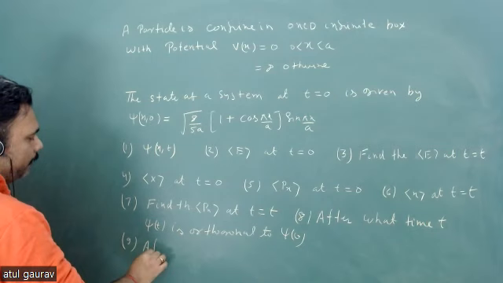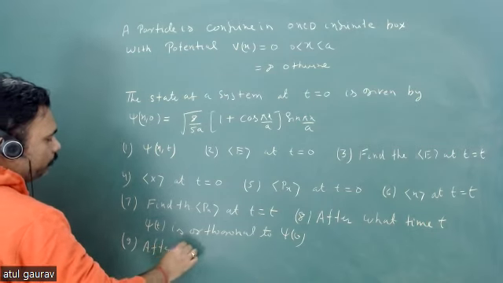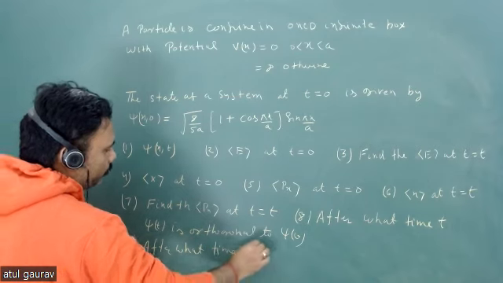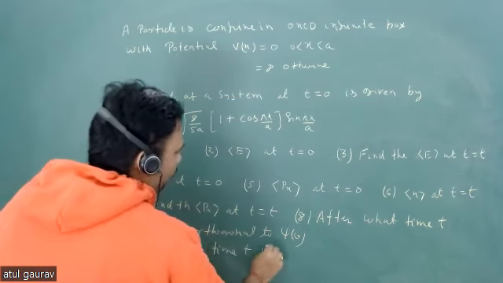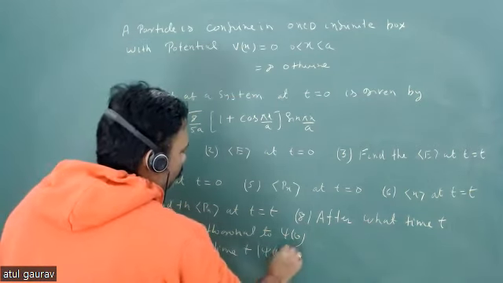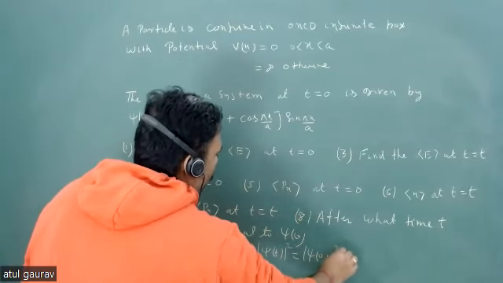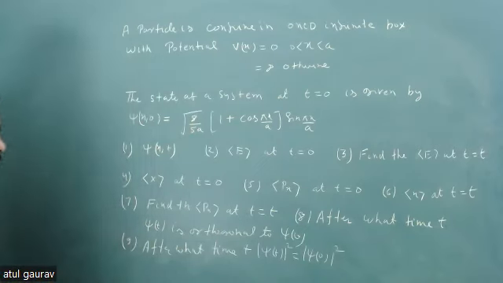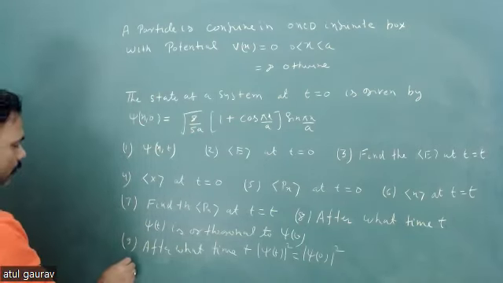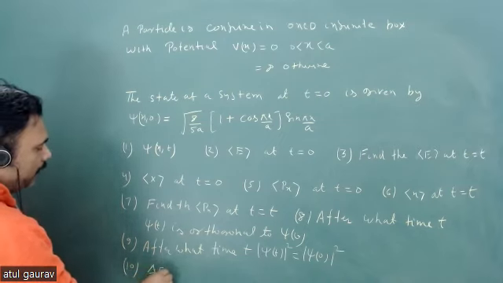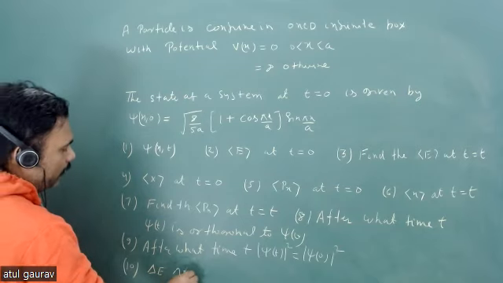After what time t mod psi t square is equal to mod psi 0 square. Okay. And last but not the least, find the value of delta E into delta T.